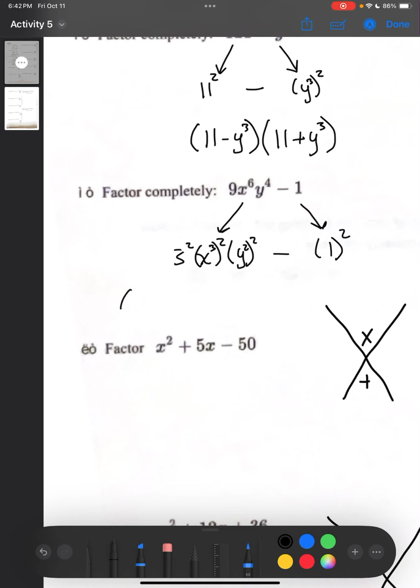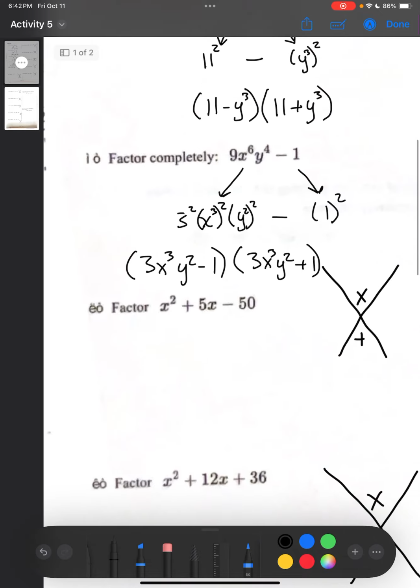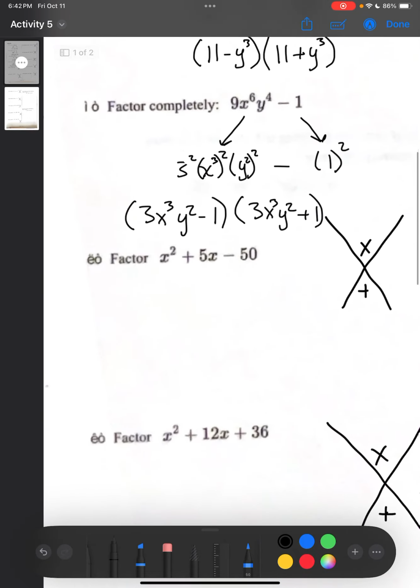So then you should be getting 3x to the 3rd y to the 2nd minus 1 times 3x to the 3rd y squared plus 1. Now, so those are the differences of perfect squares.